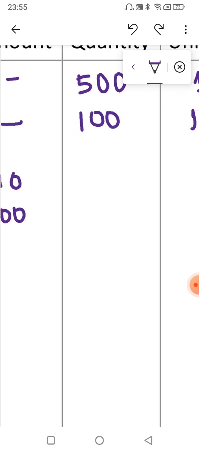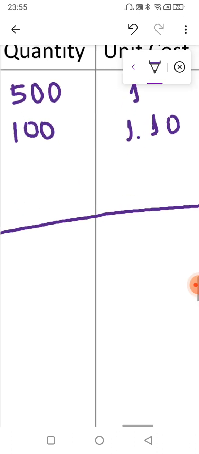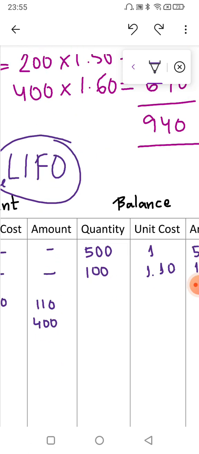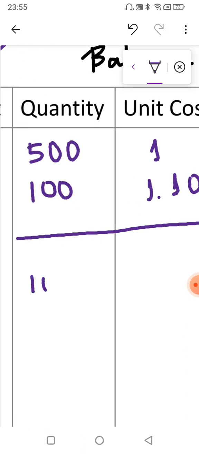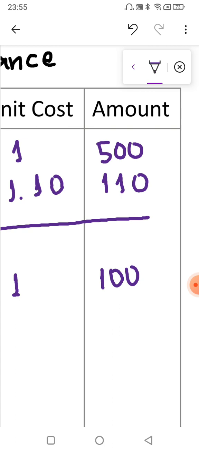So we are going to write down what is remaining right now: the stock of 100 units, 100 quantity, unit cost of 1, and the amount being 100.